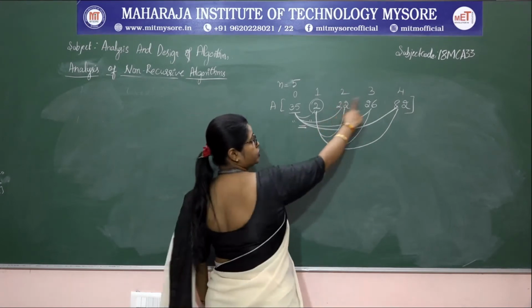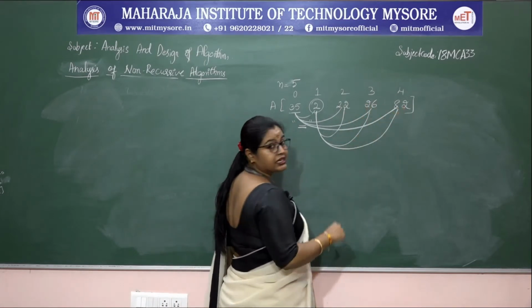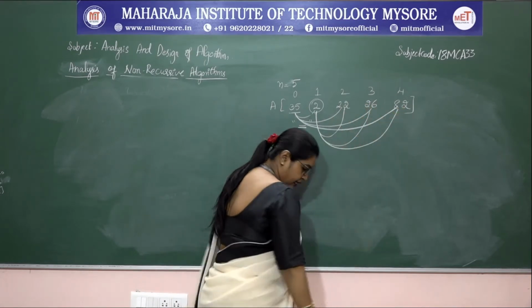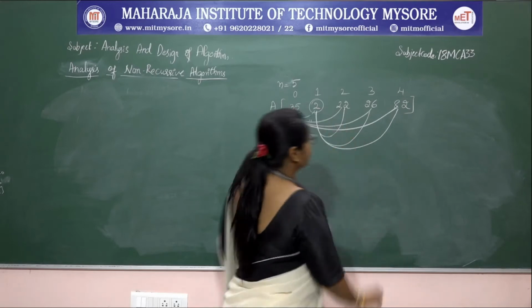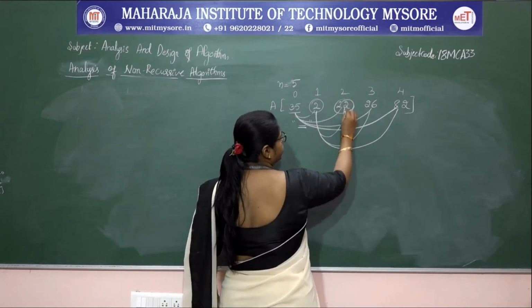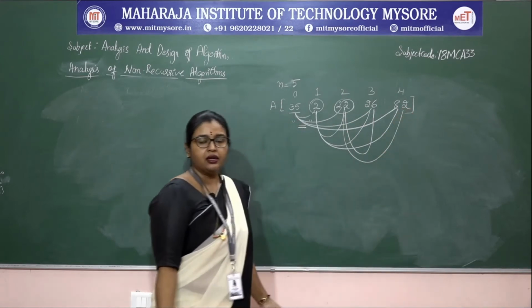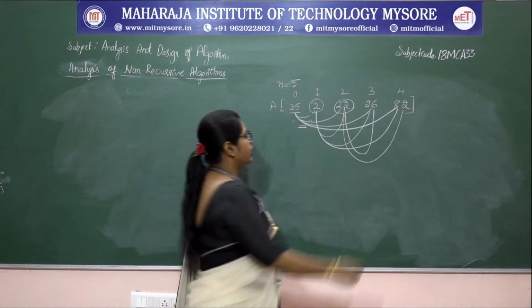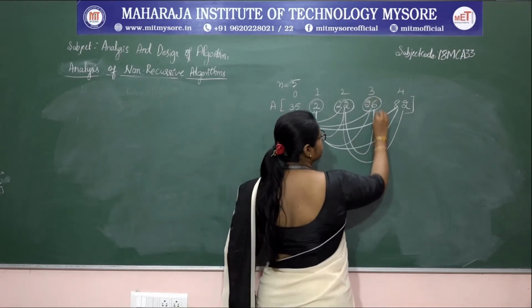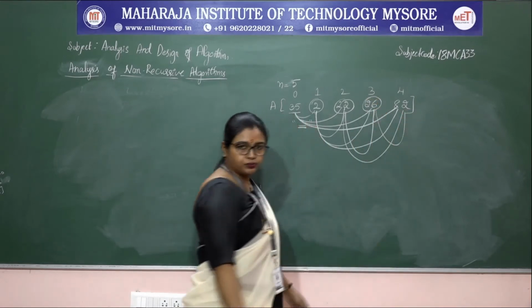Because 22 is not yet compared with 26 and 82, we need to continue the step. So 22 should be compared with 26 and 82. Again these are not equal, so we continue with the next step, that is 26 should be compared with 82.